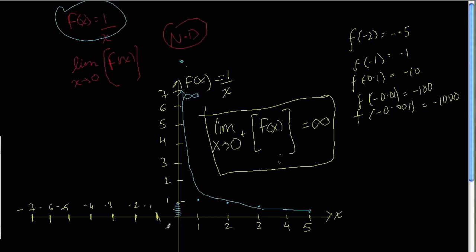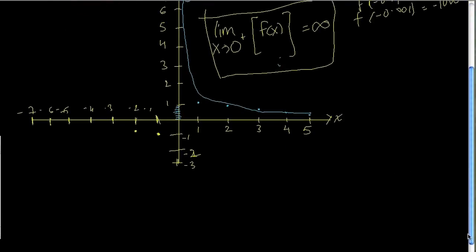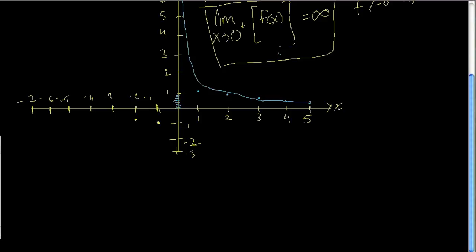And this side we have negative 1, negative 2, negative 3. When we were at f of minus 2, we already approached negative 0.5, right? So similarly, as over here we approached 0.5, over here we approach negative 0.5. When we're at minus 1, we approach minus 1. When we're at minus 0.1, we approach all the way to minus 10, which is not in the graph. Let's just assume it is in the graph. I mean, we can extend the graph. There are no problems.